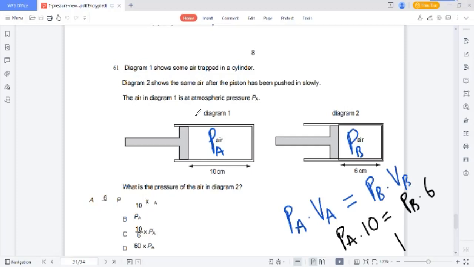So PB is 10 over 6 PA. So let's match our answer. 10 over 6 PA, okay, it looks fine. So this is the correct option.